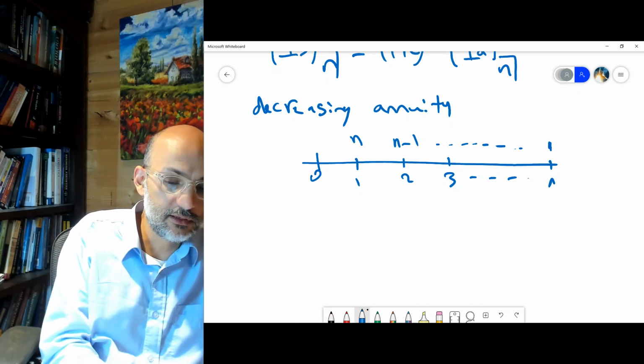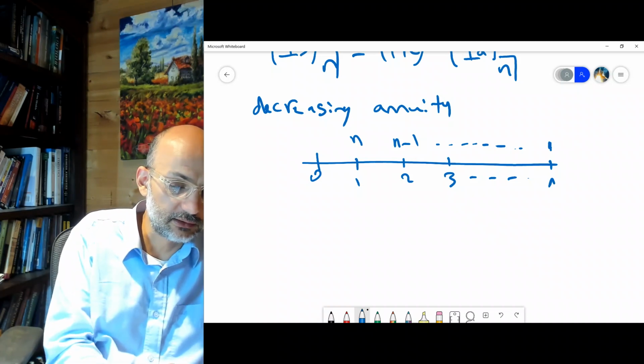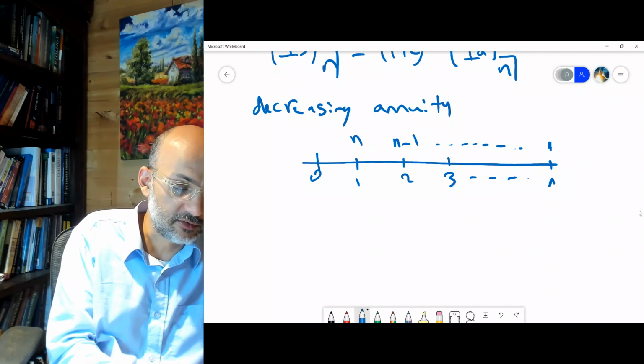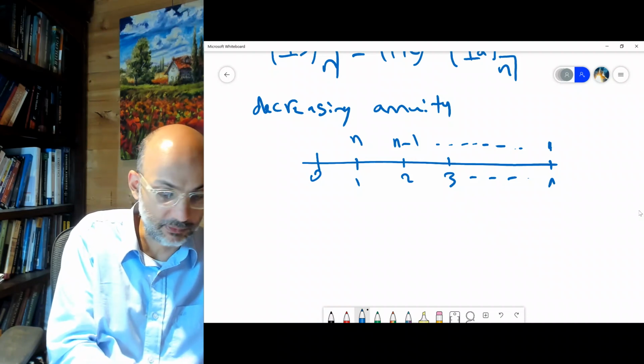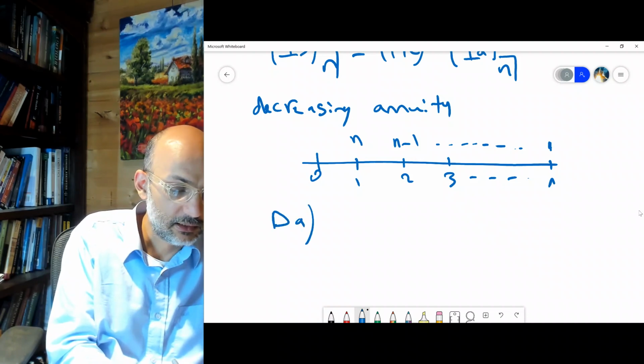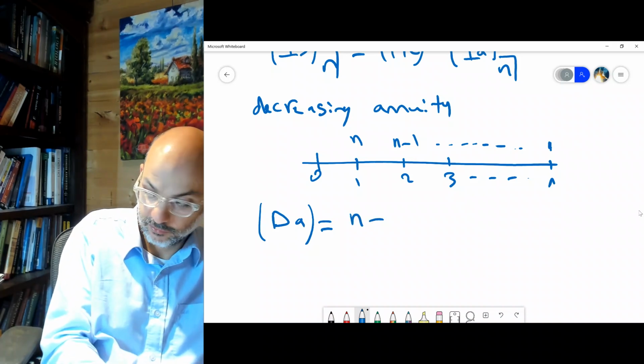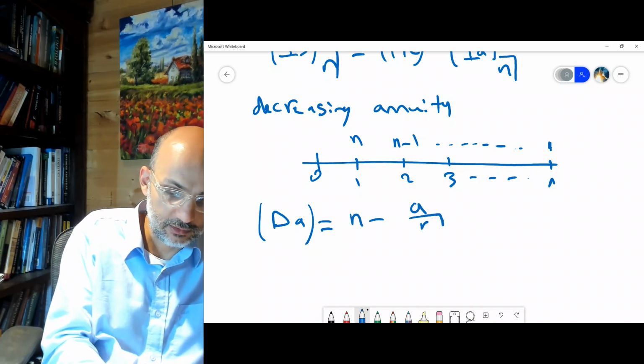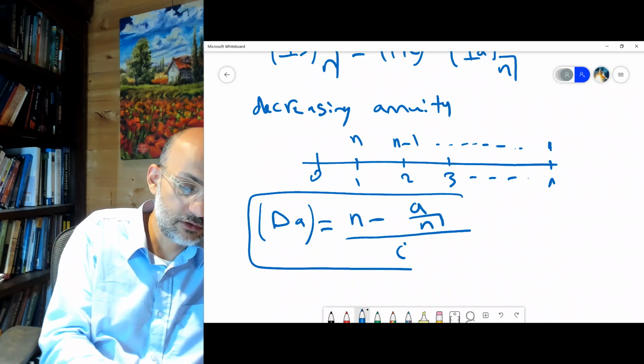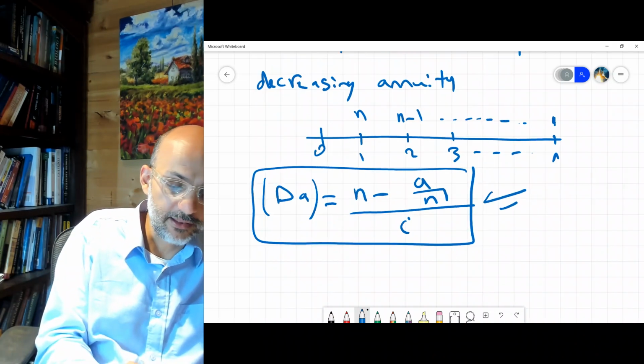You don't need to do much about this annuity, in the sense that it's the same logic we applied before. We memorize the first one, and it's n minus a angle n, with no dots here, just to help you understand it, divided by i. This one you can memorize, and then you derive the rest.